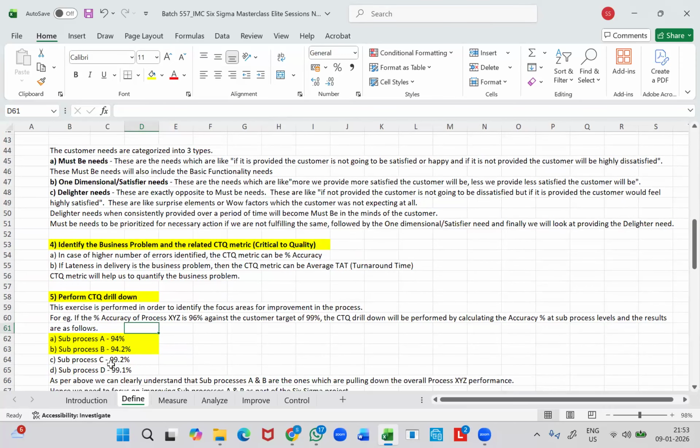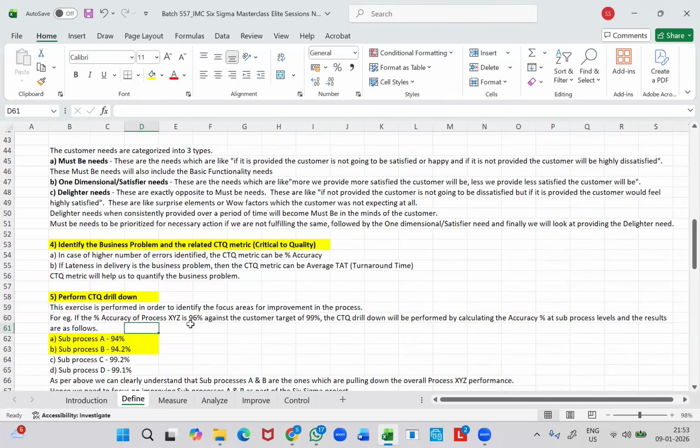So we have 4 sub-processes under process XYZ. Sub-process A, the accuracy percentage is only 94%, way below the customer expectation of 99%. Sub-process B, it's only 94.2%. Sub-process C is 99.2%. Sub-process D, it is 99.1%. So if you take the overall performance, it comes out to 96% for process XYZ.